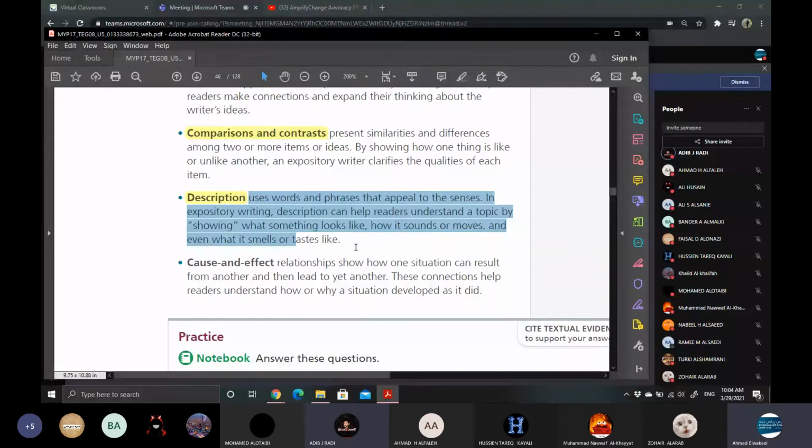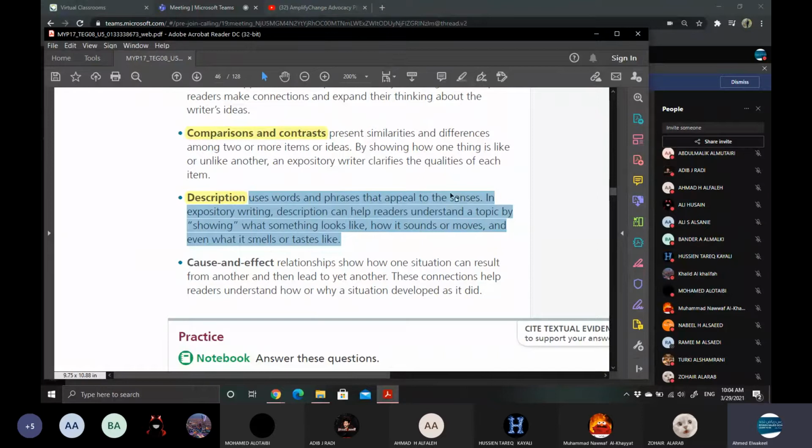Alright, so simply, in order to use description, we are describing something. Like, for example, when Neil Tyson started to describe how we were able to reach the speed from Mach 1 to Mach 20. All of these words and phrases he uses in order to appeal to our own senses, so that we can become connected to the topic itself.